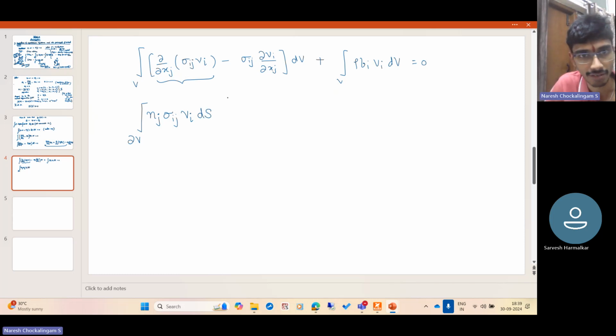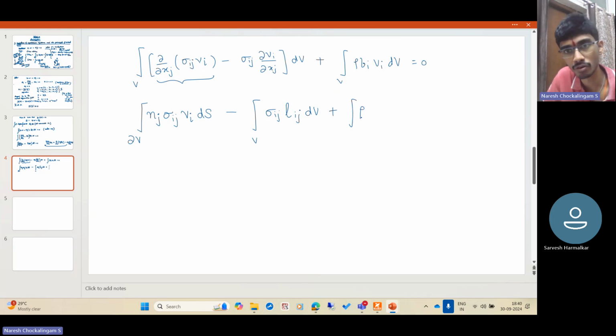It's integrated over the surface, minus integral sigma ij. What is dou vi by dou xj? It is lij, the velocity gradient lij dv. And this is integrated over the volume, and you have rho bi vi dv. And this is equal to 0.